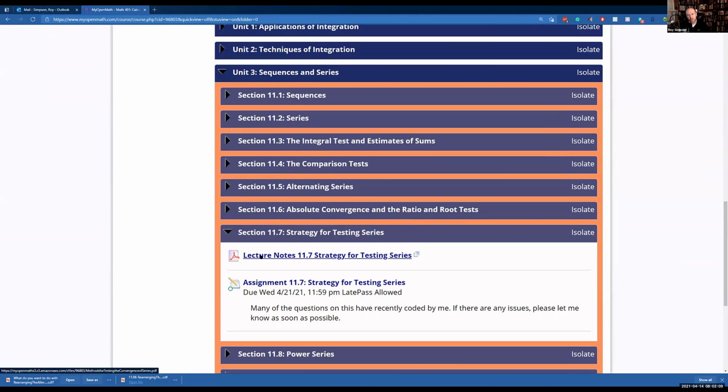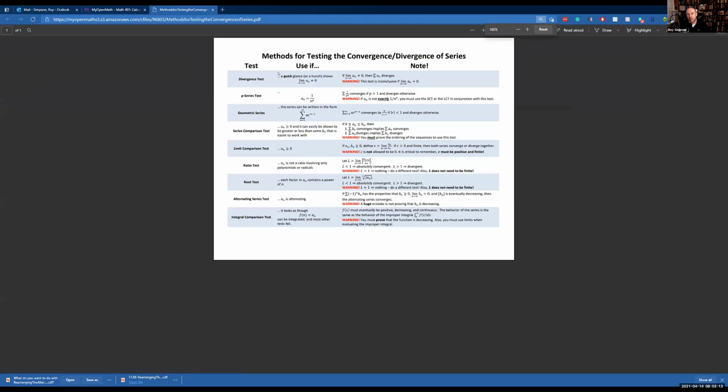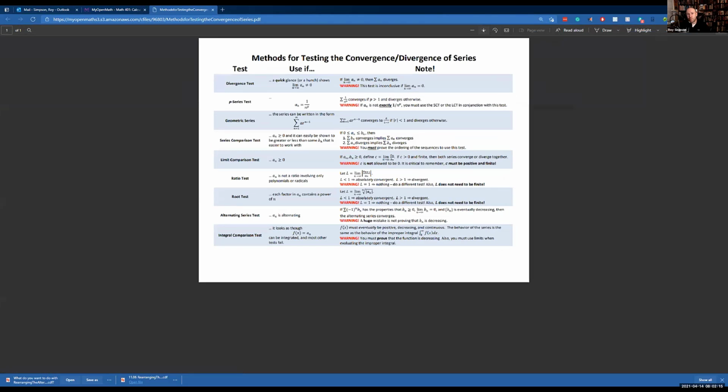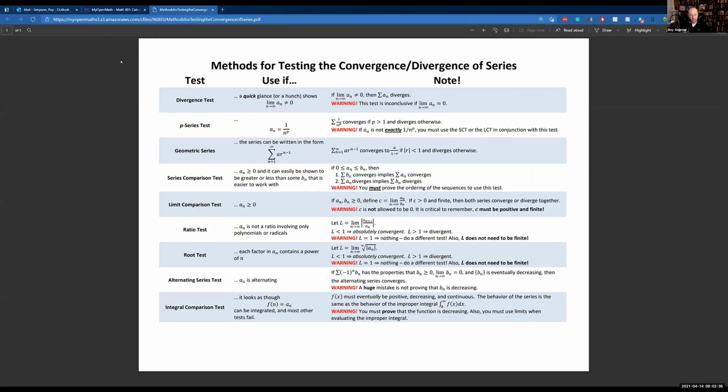It's actually all the tests that we've learned, when to use them, and some notes on them. So this is my guide for methods for testing convergence or divergence of a series. Now you have a nice complete sheet of what to do and when. Hopefully that will be helpful to you.